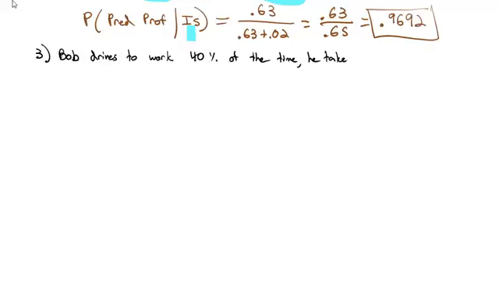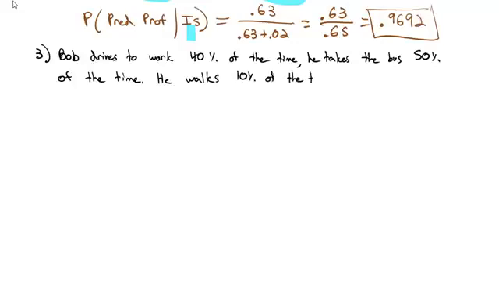He takes the bus 50% of the time. He walks 10% of the time. So that's 100% of the time how he gets to work.